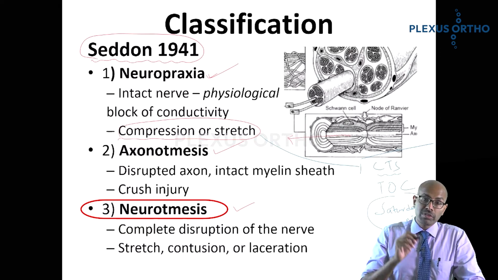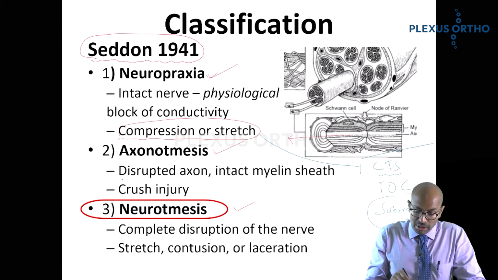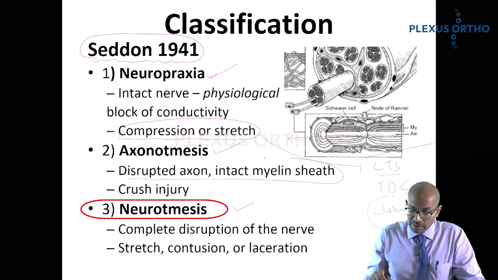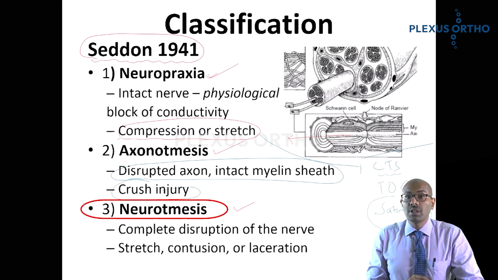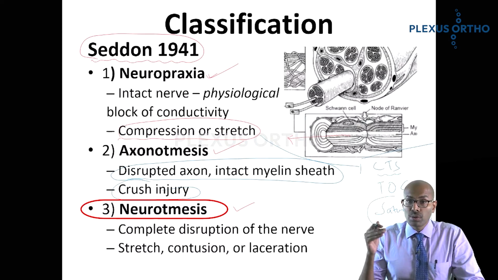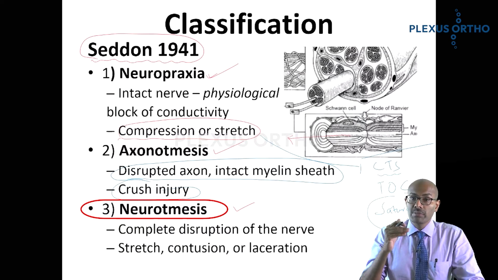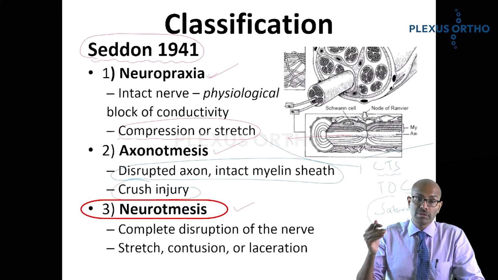The second type of injury is axonotmesis, where the endoneurium is injured. The axon is disrupted, and therefore the axon has to grow back. It has to grow back from the point of injury. Wallerian degeneration occurs. We'll discuss Wallerian degeneration in a few slides.